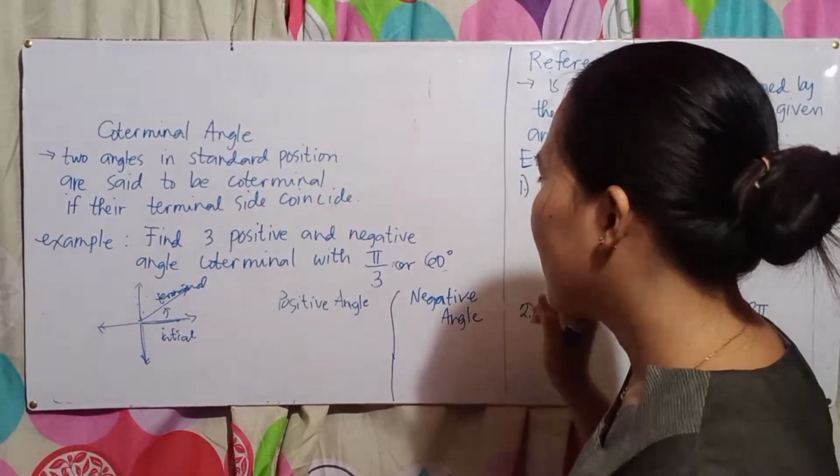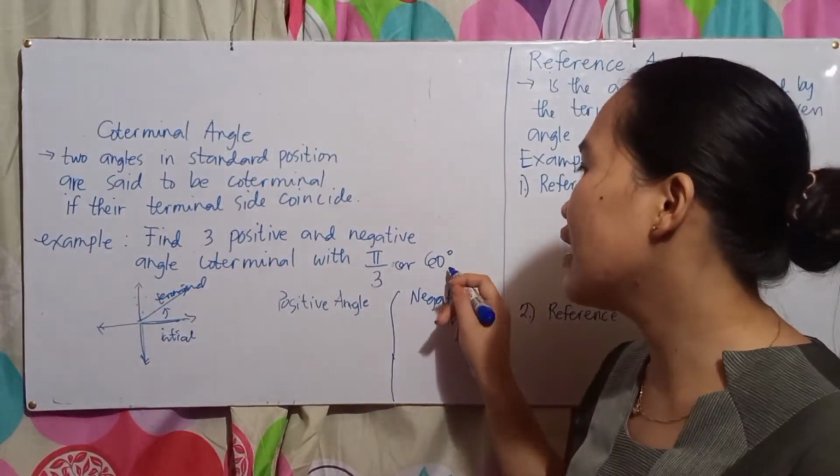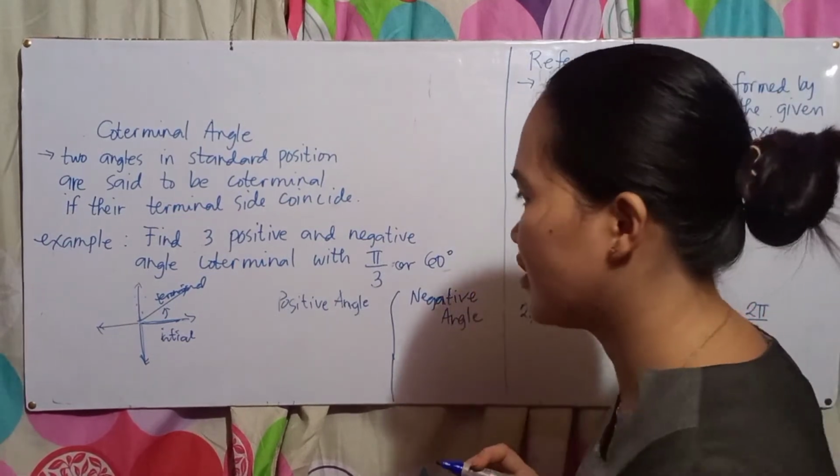So, the three positive coterminal angles of 60 degrees.